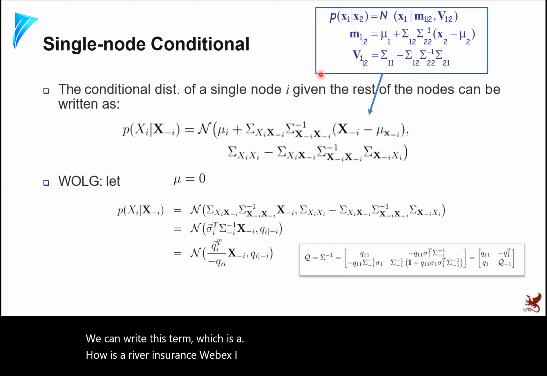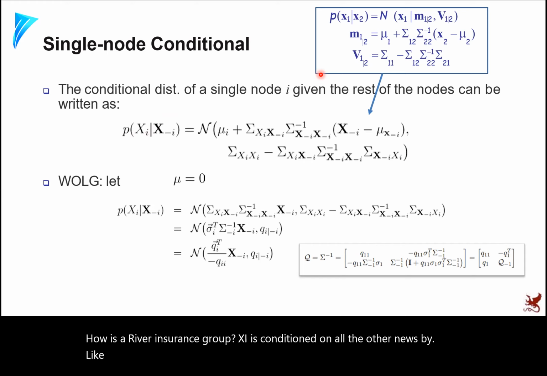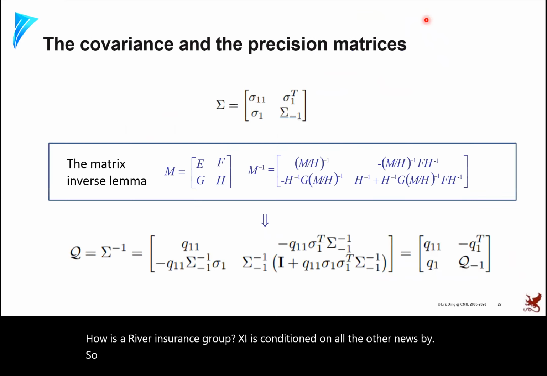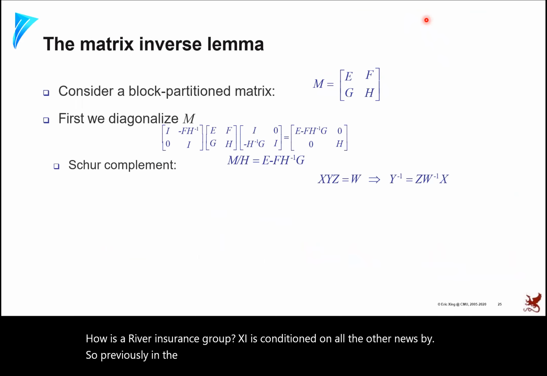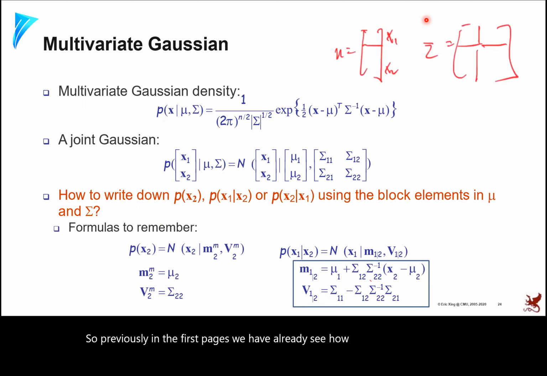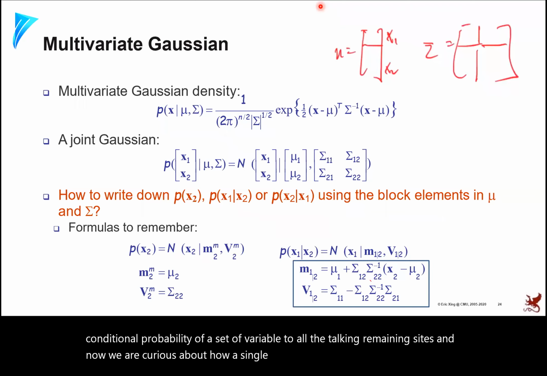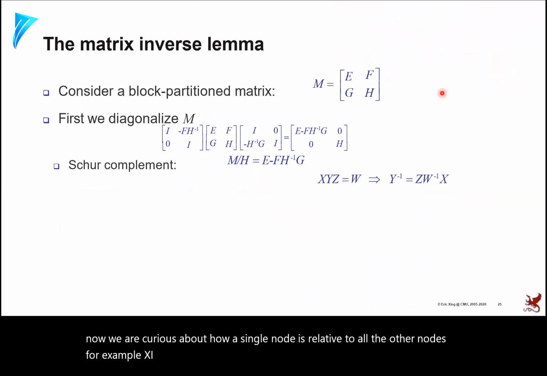Previously, on the first pages, we already saw how to write down the conditional probability of a set of variables given the remaining sets, and now we are curious about how a single node is related to all the other nodes, for example xi to all the other nodes, which is x minus i.